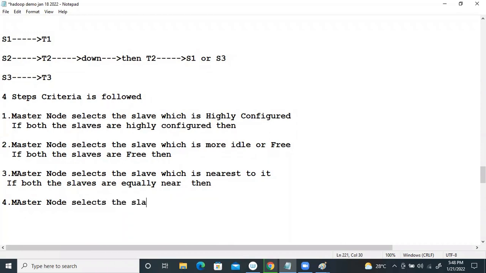The master node selects the slave which has good health status.